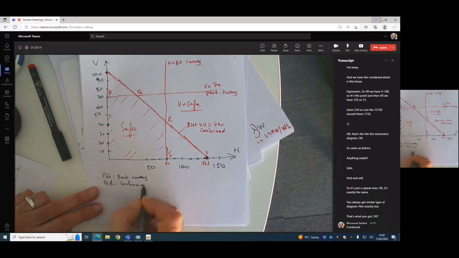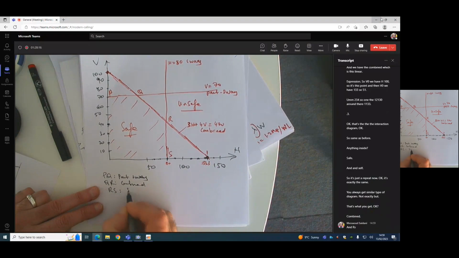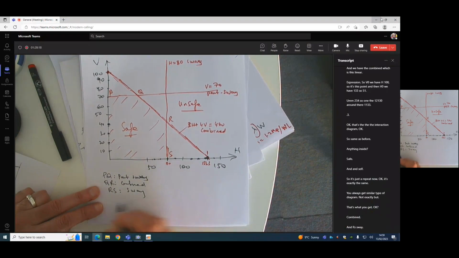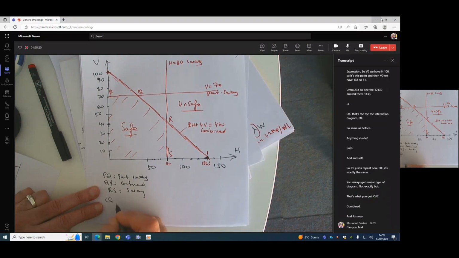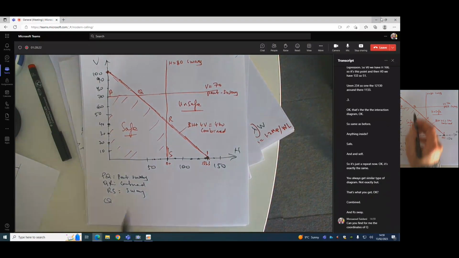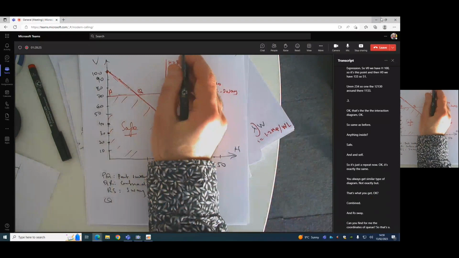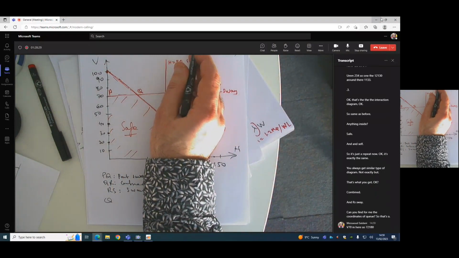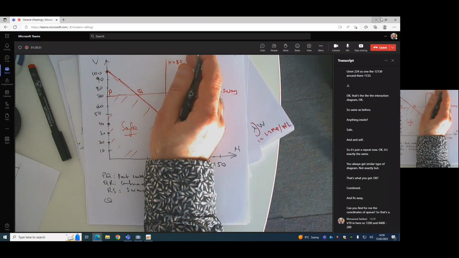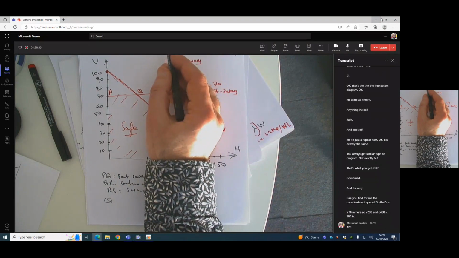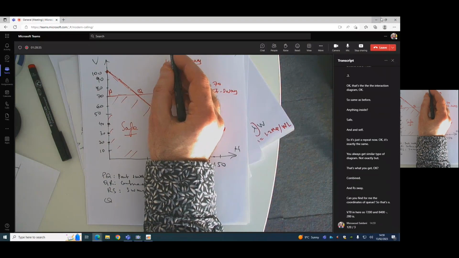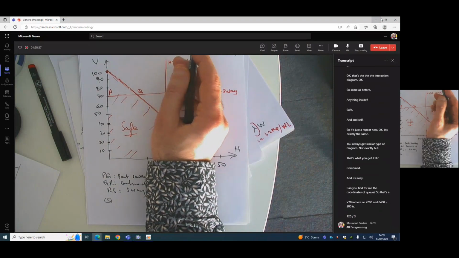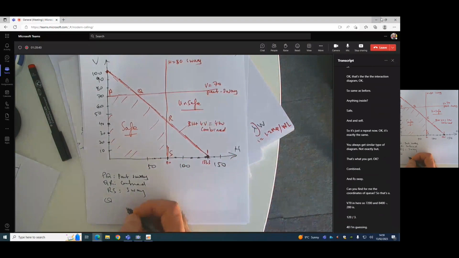Combined and RS sway. Can you find for me the coordinates of Q? So that's V70 in here. So 70, 280, 400 minus 280 is 120 divided by 3, 40, I'm guessing. 40?